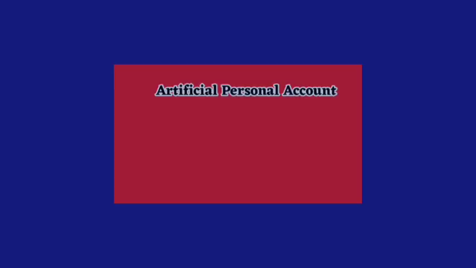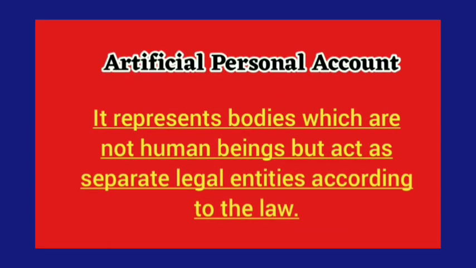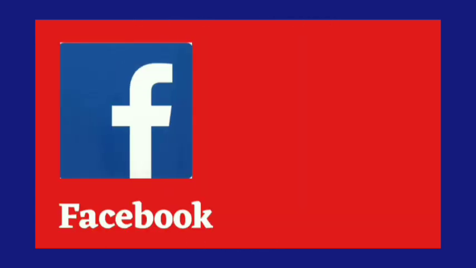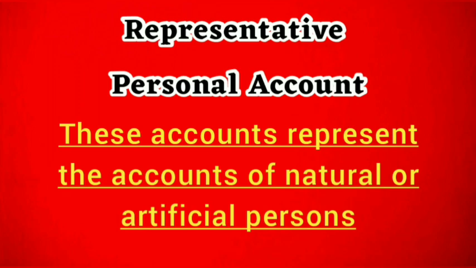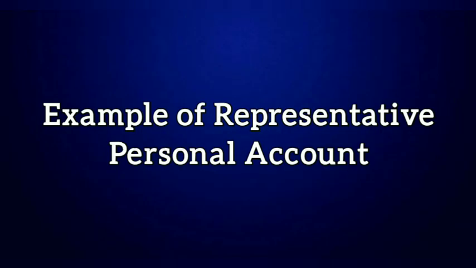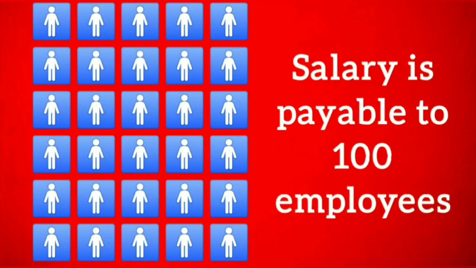The second type is artificial personal accounts. These types of accounts represent legal entities that are not considered human beings by law. For example, bank, companies, hospitals. Finally, the third type is representative personal accounts. These accounts represent the accounts of natural or artificial persons. Suppose salary is payable to 100 employees.